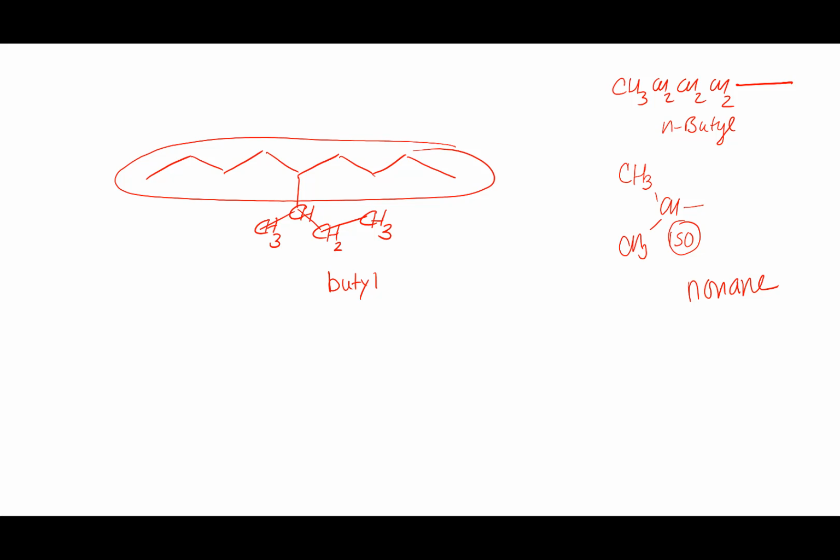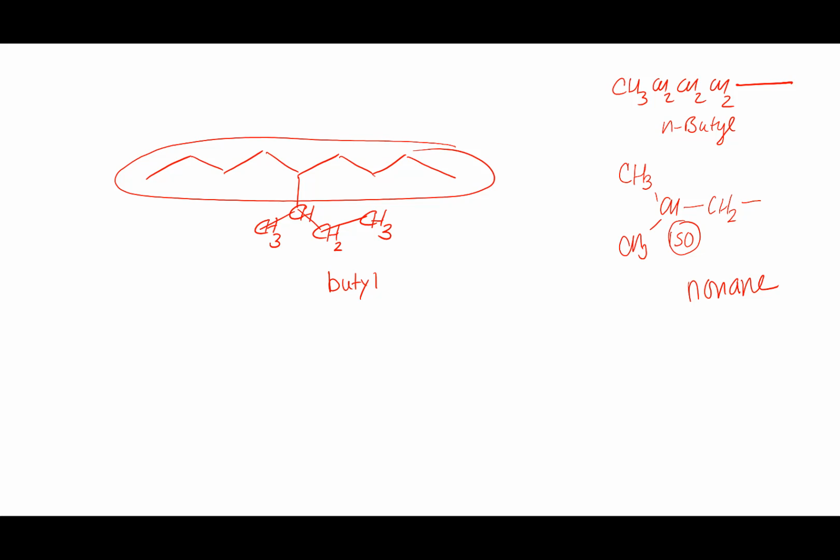That's the one that I drew, isopropyl, because it's got 3 carbons. If I added another CH2 to it, it would now be isobutyl because it's got 4 carbons. So isobutyl is the 4-carbon group that has the iso group, CH3, CH, CH3. This is an isobutyl.